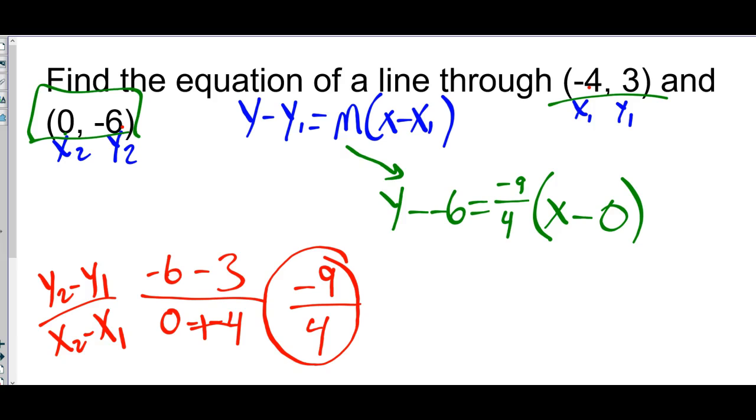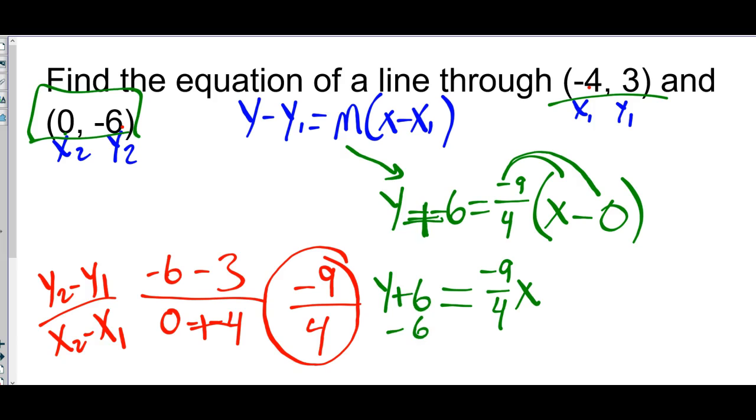That works out easy. Distribute. Negative 9/4 x minus negative 9/4 times 0 is nothing, so I don't need anything there. I'm just going to leave it negative 9/4 x equals y minus negative 6, which is like plus 6. Get the y by itself by subtracting 6 from both sides, and I have y equals negative 9/4 x minus 6. And that is the equation.